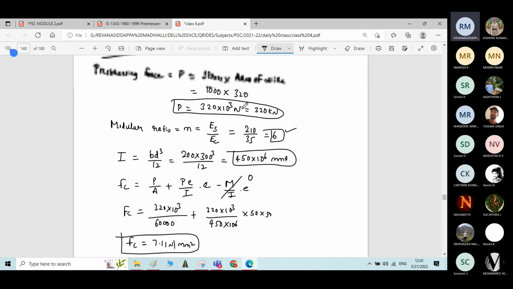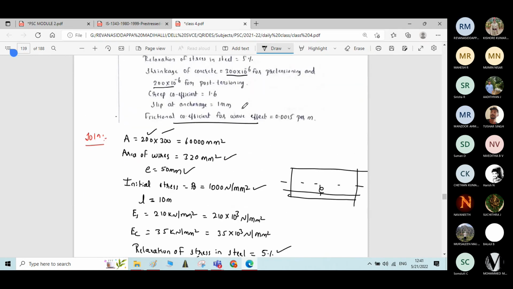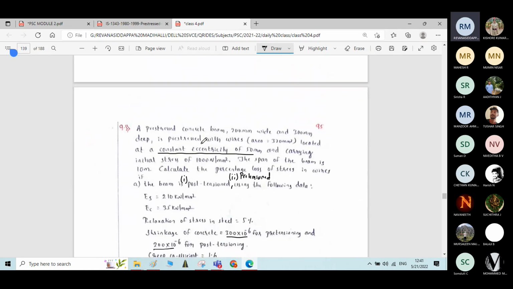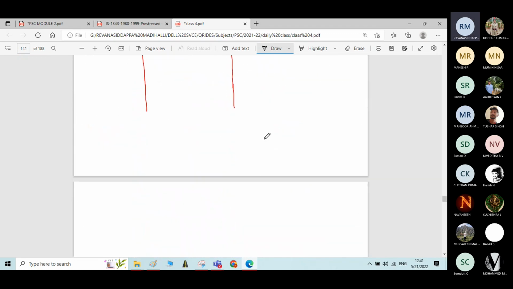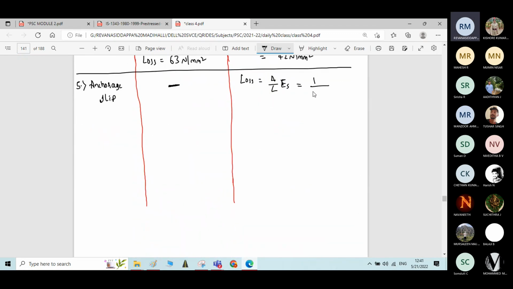How much is the length given? It is given as 10 meter. 1 mm divided by 10 meter, that is 10,000 mm, into Es, 210 into 10 power 3. By this we'll get the loss due to anchorage slip.